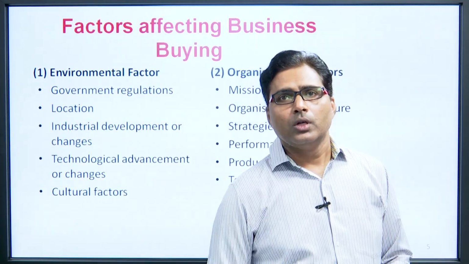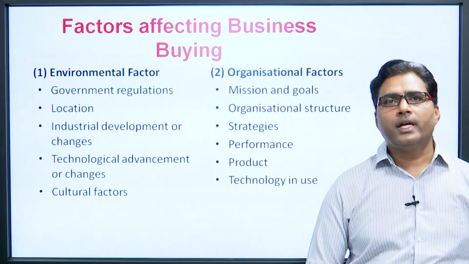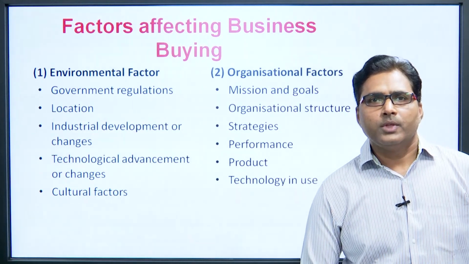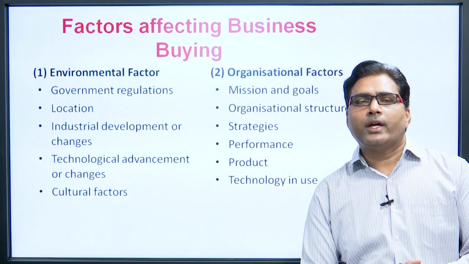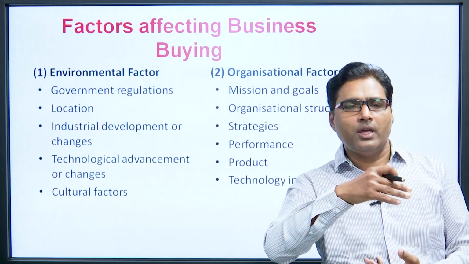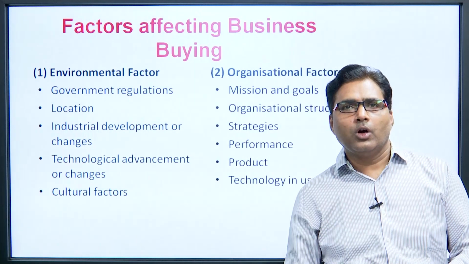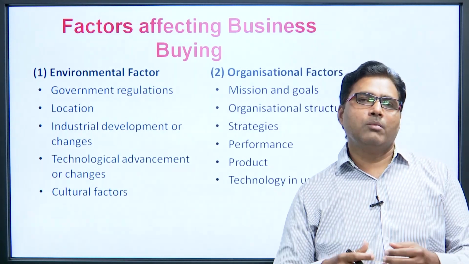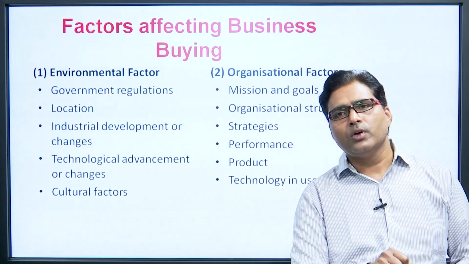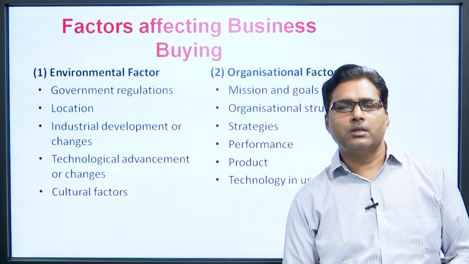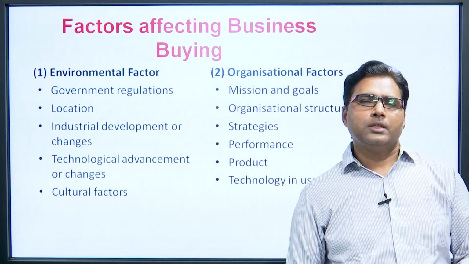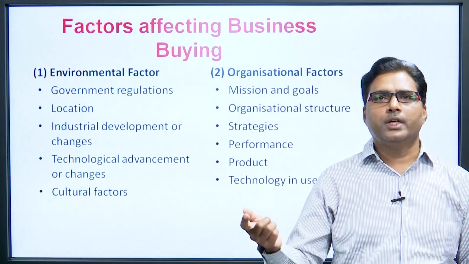Now, there are some factors that may affect business buying. The first is the environmental factors. There are factors that may influence organizational buying behavior, and these factors may be associated with the organization itself, taken from internal sources, or they may come from the outside world.